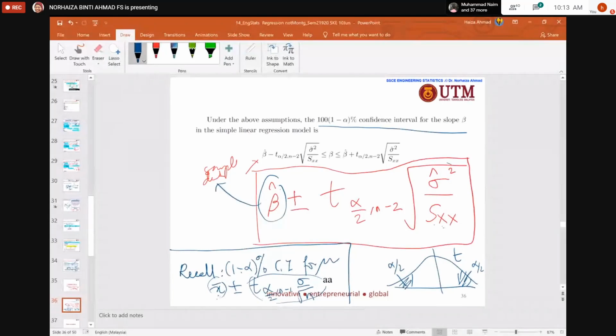So you will get a possible range of values for beta.